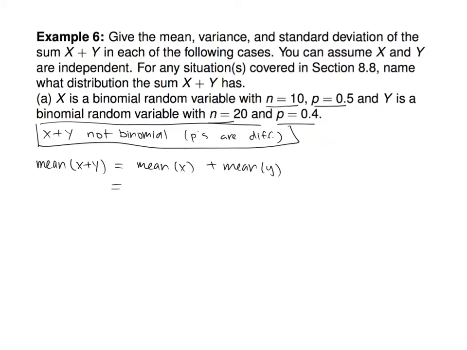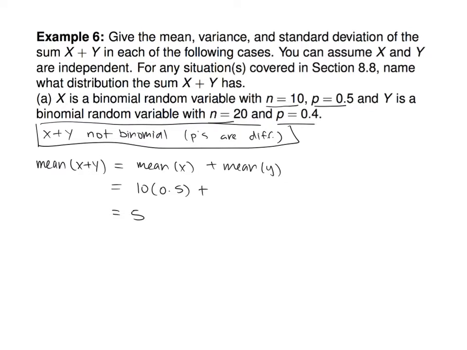That's one of the things we had on page 2. And how do you find the means of binomial random variables just on their own? You just do NP, right? So the mean of X is N, which is 10, times 0.5, which is indeed 5, yep.